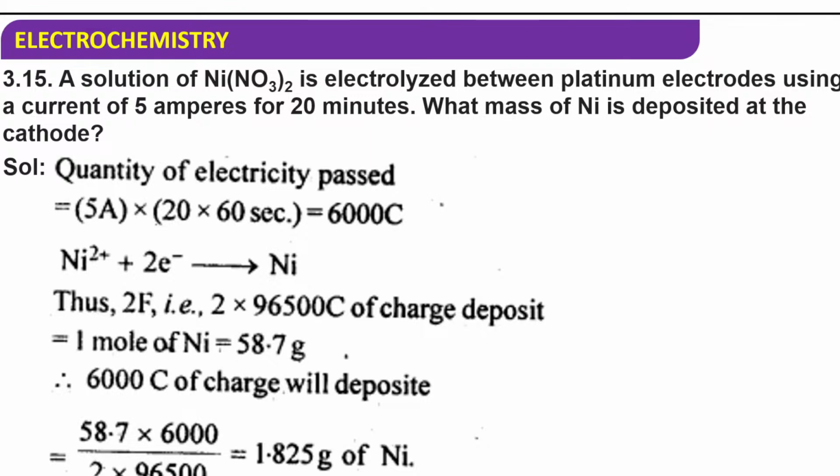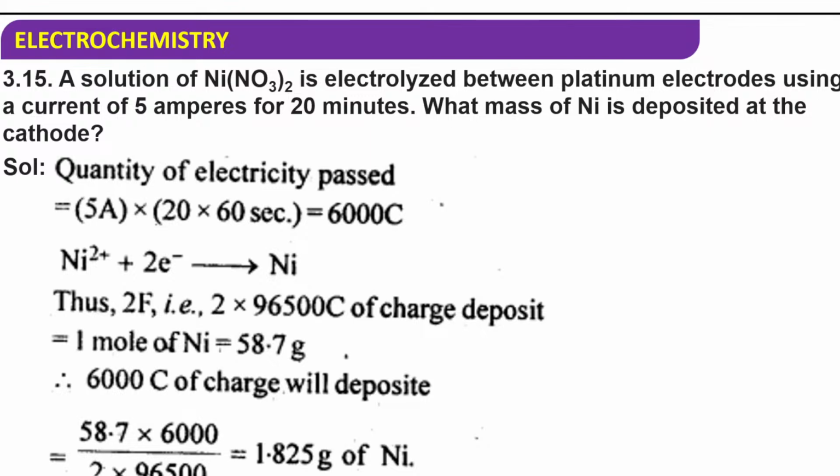Okay, so in this case, current is 5 ampere, time is 20 minutes. So convert this time in seconds. So it is 20 into 60. That means 5 ampere into 20 into 60 means total 6000 coulombs. So 6000 coulombs of electricity is passed through nickel nitrate solution.